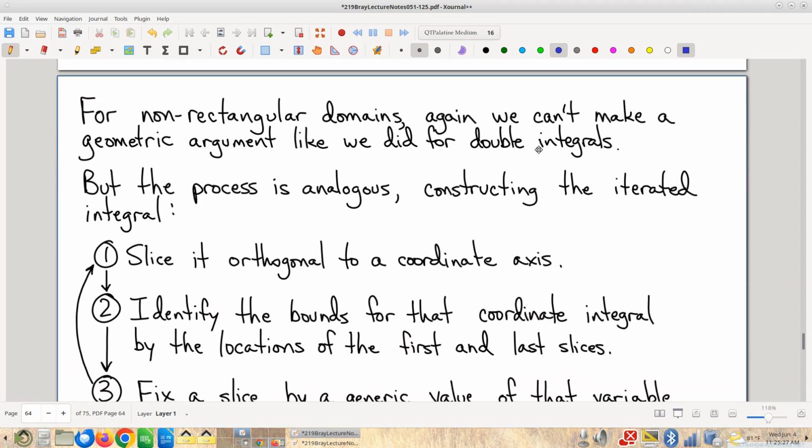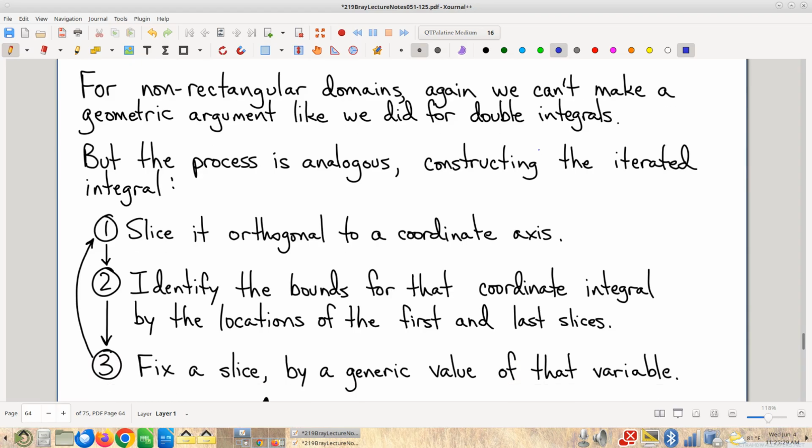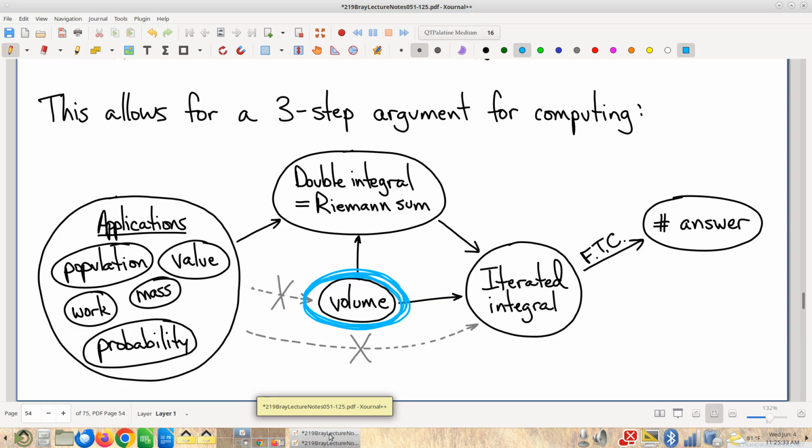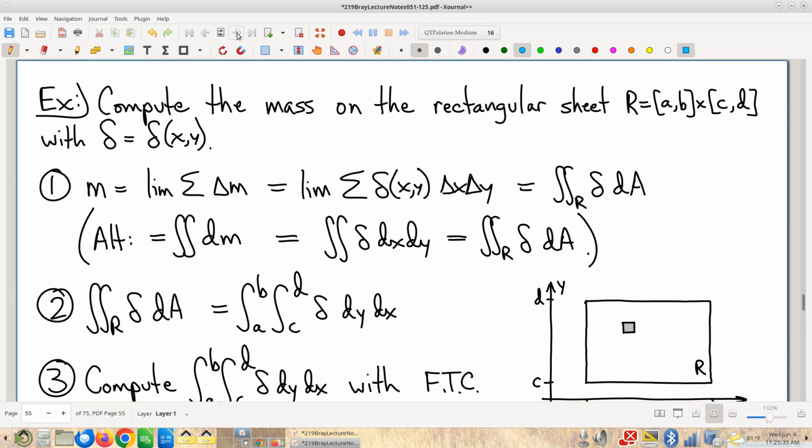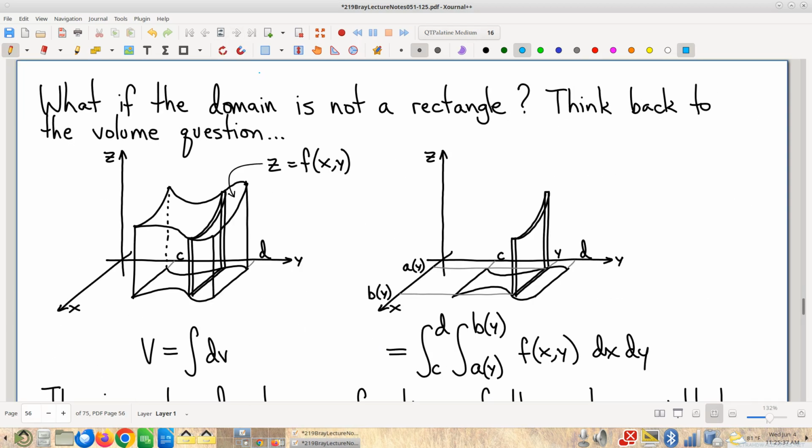Okay. What do you do with non-rectangular domains? Well, let's go back to the double integral context, and here's the picture we drew for the double integral context. And again, our original picture was in terms of graphs, because you did that little bit of satisfaction. And again, unfortunately, I can't draw graphs of functions of three variables.